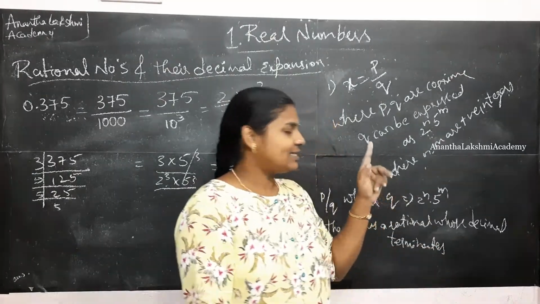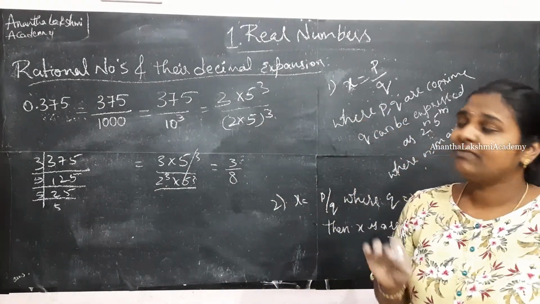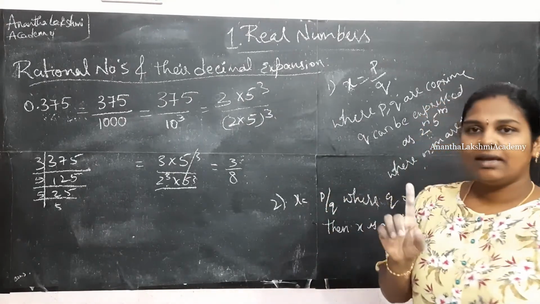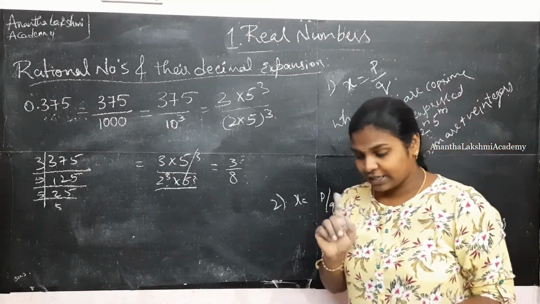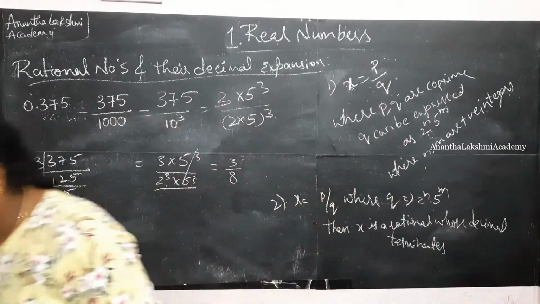This is based on the first type of rational number, which are terminating. Then we need to look at the non-terminating decimals.